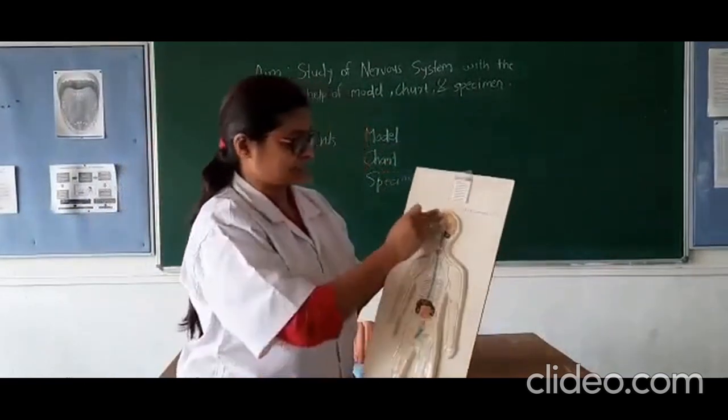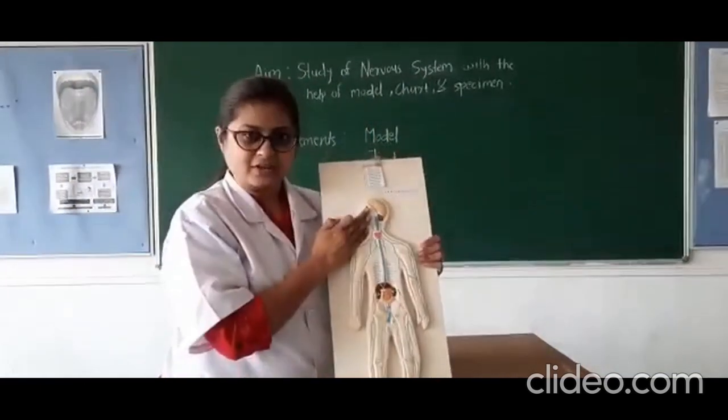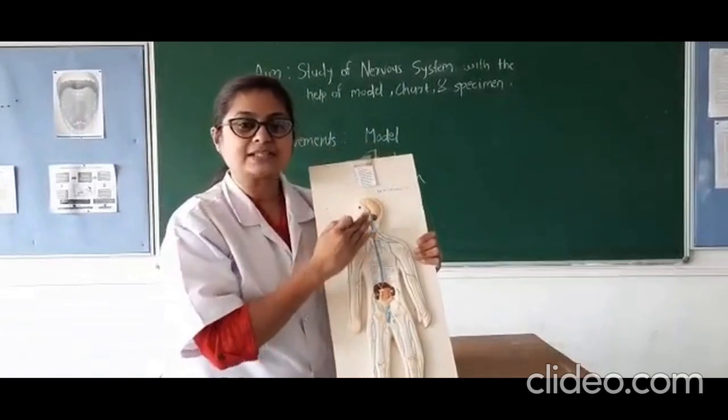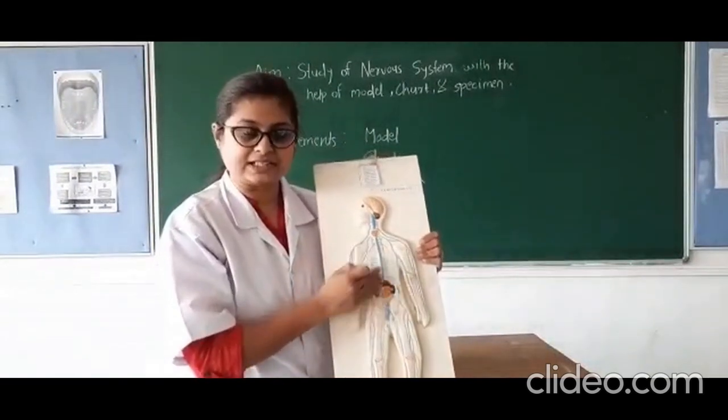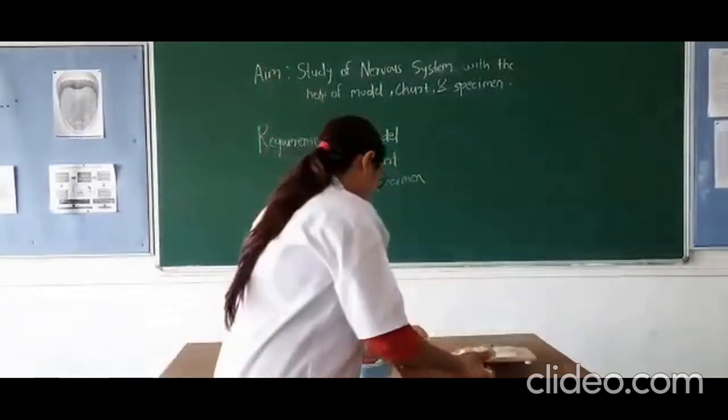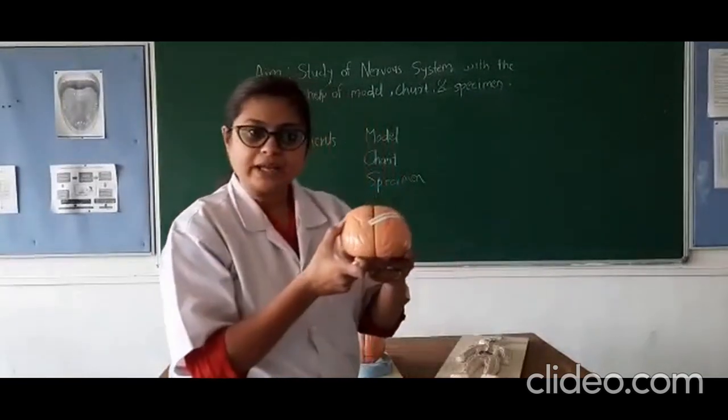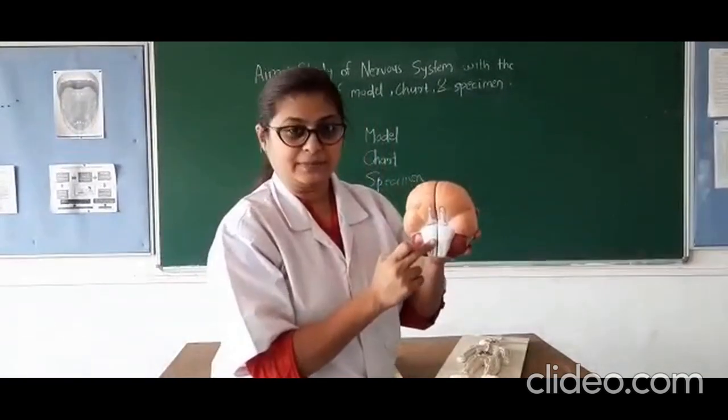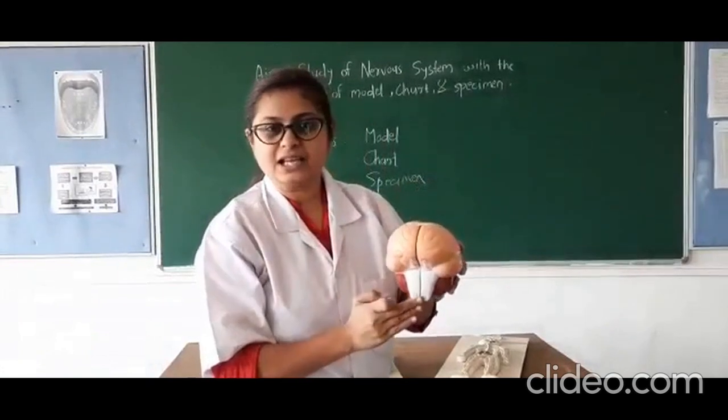This nervous system is divided into two parts. First one is the central nervous system and second one is the peripheral nervous system. This central nervous system consists of the brain and the spinal cord.